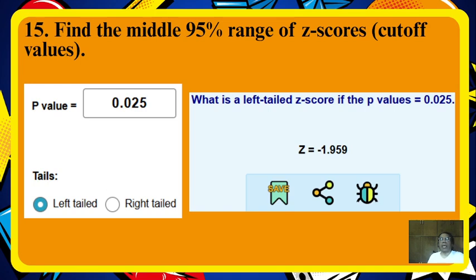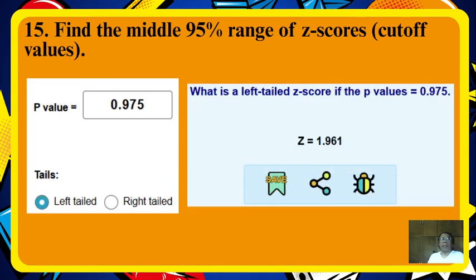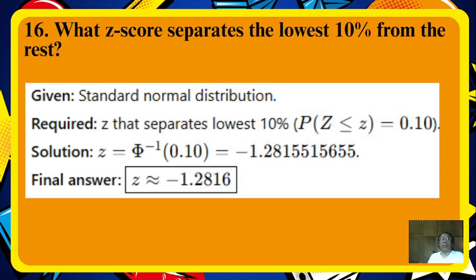Our Z is 1.959 using our math portal. I have already given you the link in our lesson number 11. And for the p-value 0.975, our Z is 1.961.